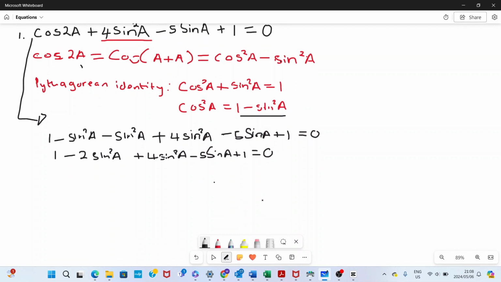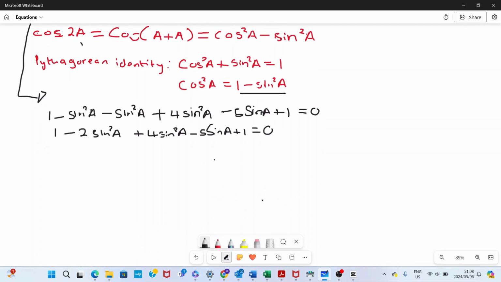We continue from here. You will notice that this reduces to, no, it's going to be a plus actually, because we are adding this 4 and this minus 2.